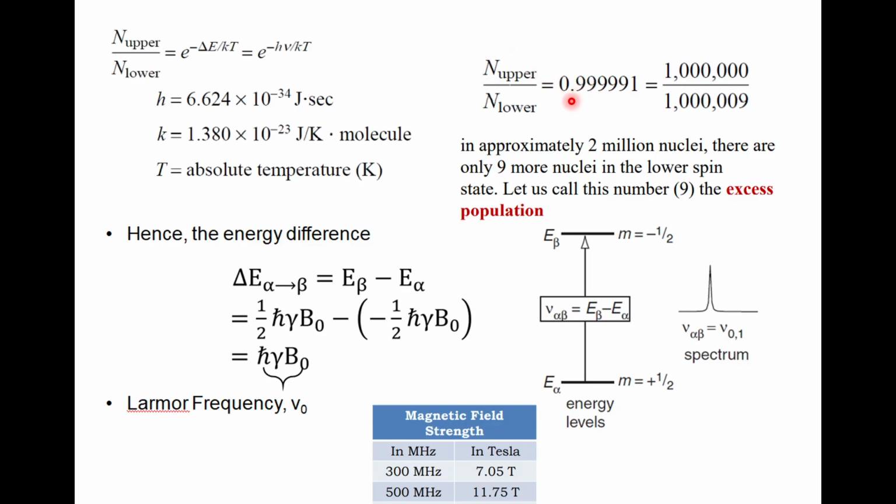But this difference is very small, only about 1 out of 10 atoms. If there are 9 nuclei in the higher energy state, there will be 10 nuclei in the lower energy state. So there is only a difference of 1 nucleus between them. So that is a very small difference.